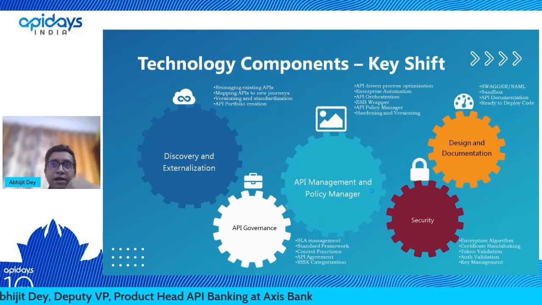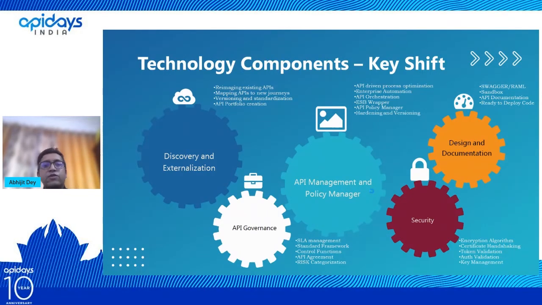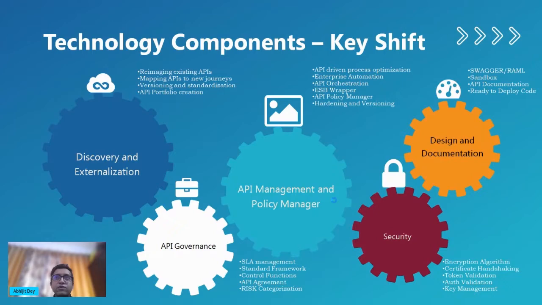Because ultimately whatever you are building is for your consumers, right? And if your consumers do not have the comfort to call your API, then the entire program or initiative may get jeopardized, right? So that's why versioning and standardization is very important, which we have seen lately is coming up.